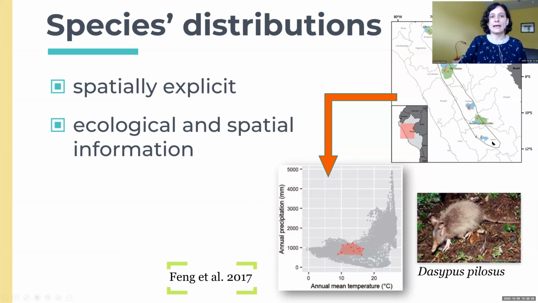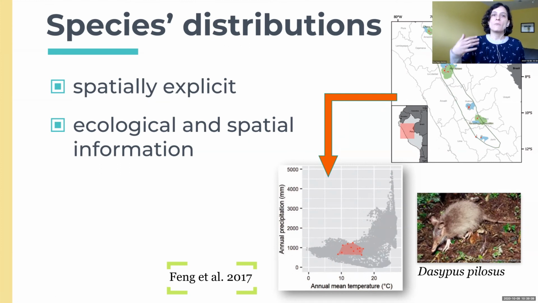a Dasypus species that has a known range, an IUCN map, in this outline in green. And then in ecological space or environmental space, in this case annual precipitation and annual mean temperature, we can graph the broad ecological or climatic, in this case two-dimensional climatic, requirements of this species. So within that big range, these red dots on the graph represent the known individuals of this rare species.